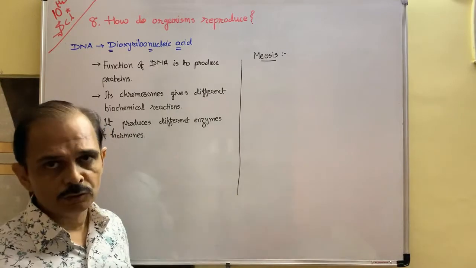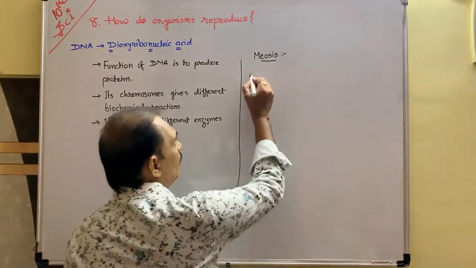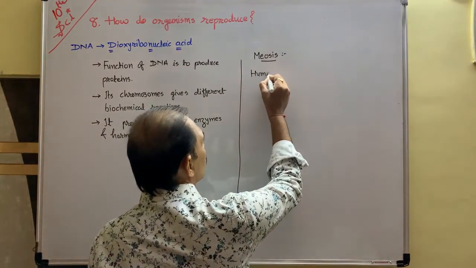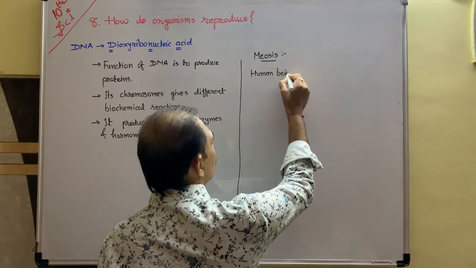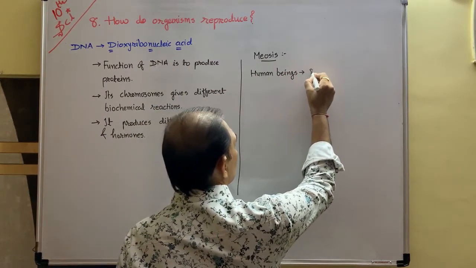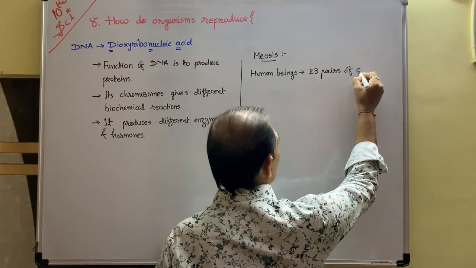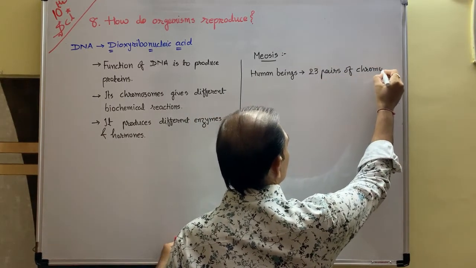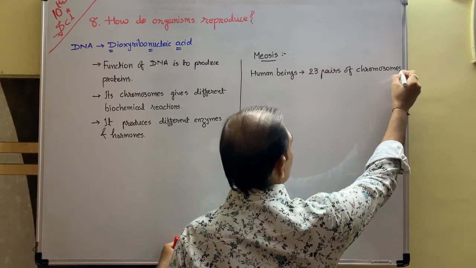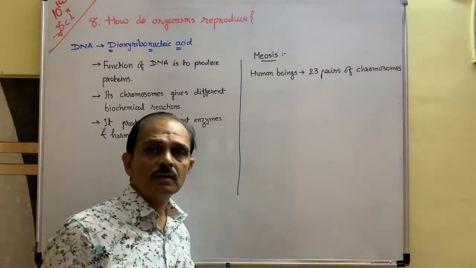Now what is this meiosis? Human beings have 23 pairs of chromosomes. Each pair shows a different function.